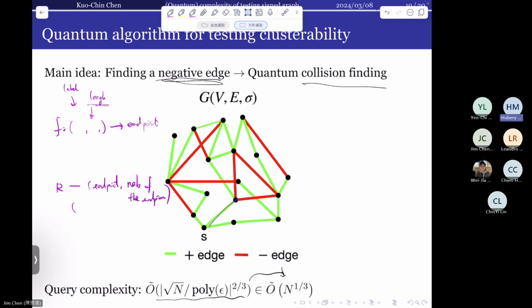You check whether the endpoint, like the question I asked earlier, has a neighboring vertex. Yes. If the neighbor of the endpoint is the endpoint of another random walk, then we find the negative edge connecting these two random walks. Then it is equivalent to finding the collision for this function.